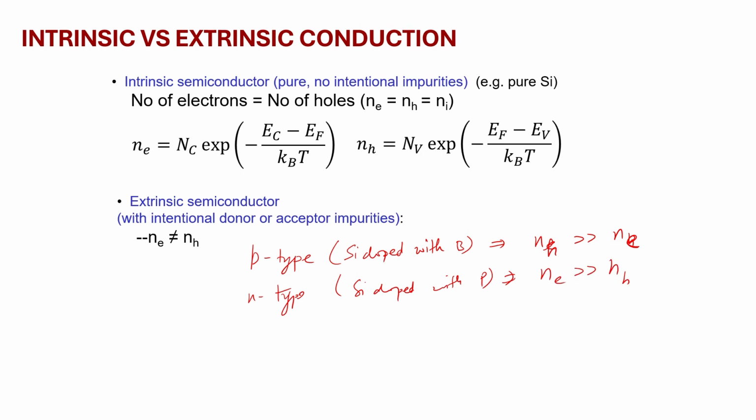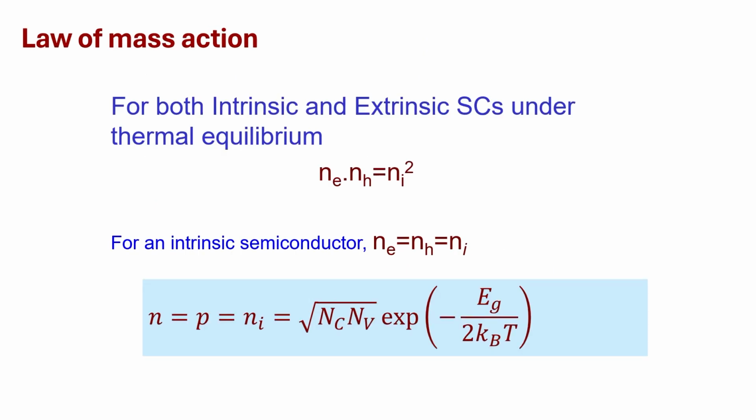But one thing that you must remember that must always hold in these semiconductors is a law called the law of mass action, which is basically from mass conservation. For both intrinsic and extrinsic semiconductors, under thermal equilibrium, the product of Ne and NH must always be equal to Ni square. So even though an n type or p type semiconductor may have a large number of electrons, the product Ne times NH must always equal Ni square.